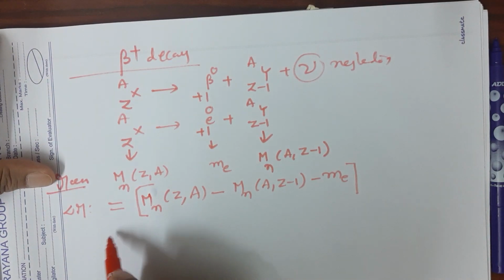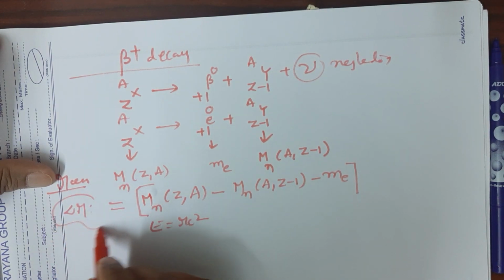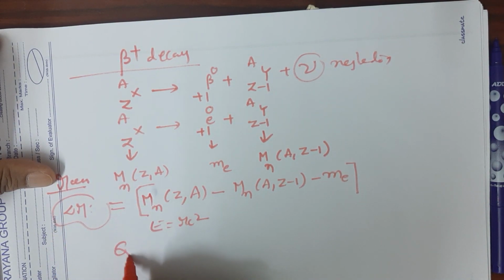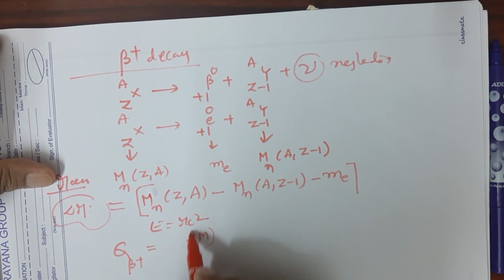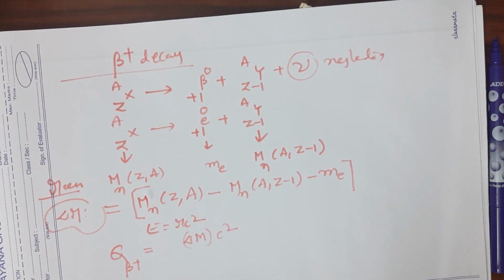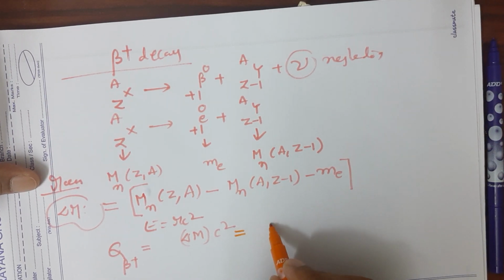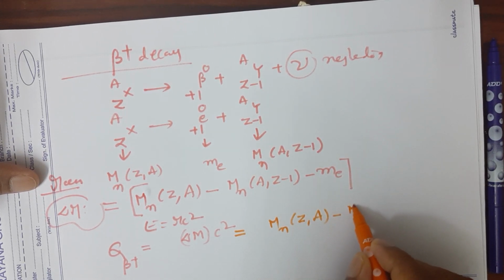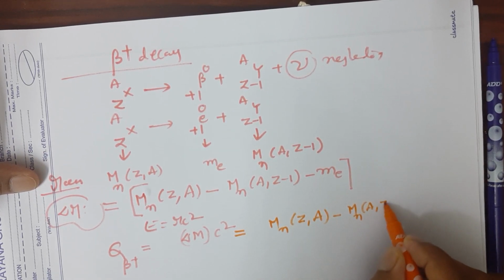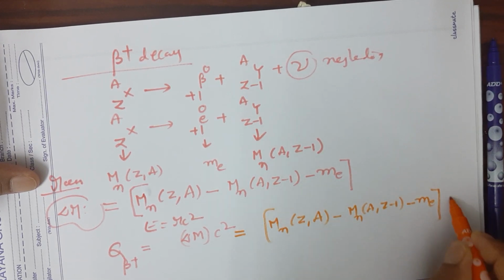According to Einstein's mass-energy relation, the equivalent energy for this mass defect is called the disintegration energy, Q beta plus, which is equal to delta m times c squared. So delta m is Mn of Z A minus Mn of A Z minus 1 minus Me, times c squared.